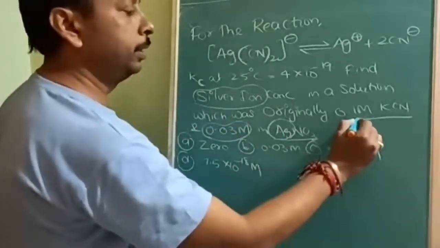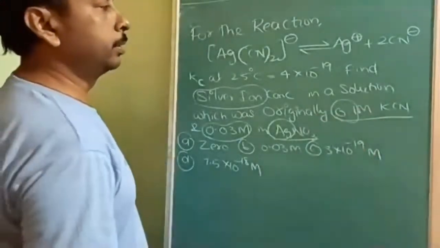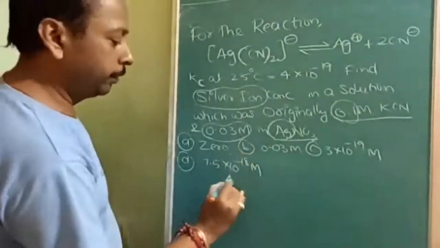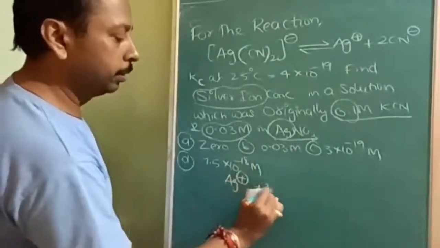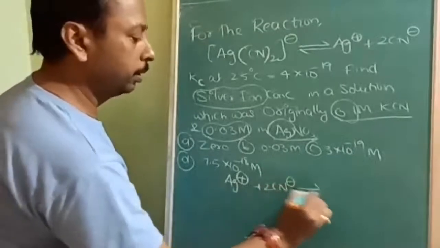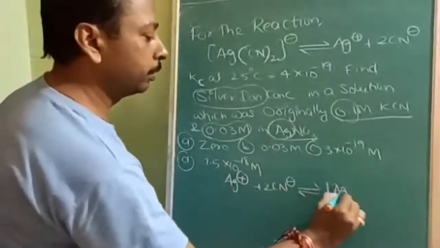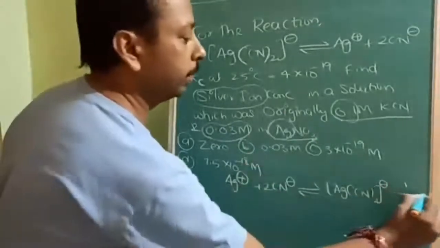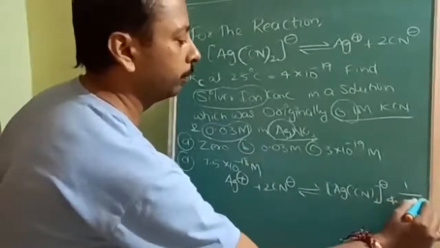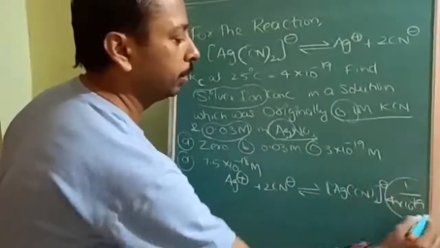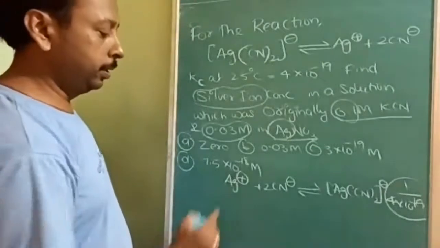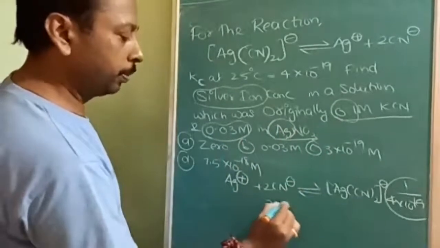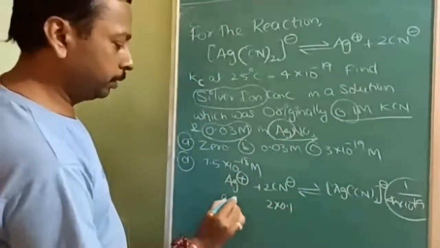We will get the CN concentration from CN minus. So I am just reversing this equation: Ag plus plus 2CN minus gives Ag(CN)2 minus. For this, the constant will be 1 upon 4 into 10 to the power of minus 19. And initially the concentration is already given: 2 into 0.1 and 0.03.